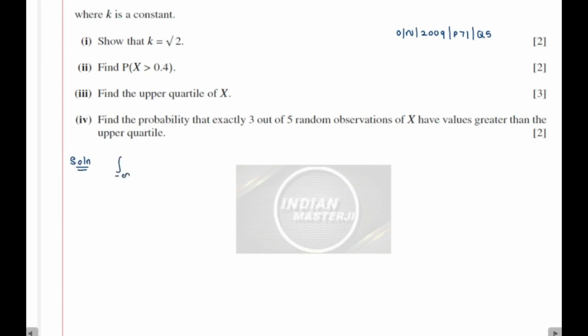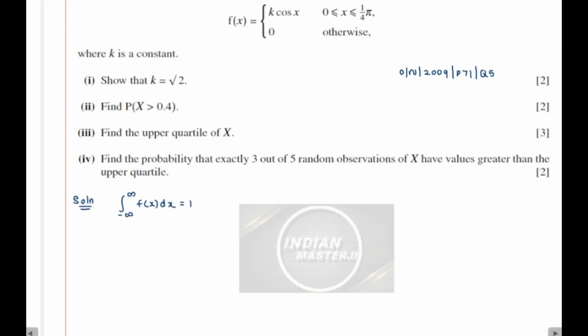So if I integrate f of x with respect to x for all the real values of x, this integration has to come equal to 1, correct? So that means I can integrate k cos x with respect to x from 0 to pi by 4, and this value will be equal to 1, correct?